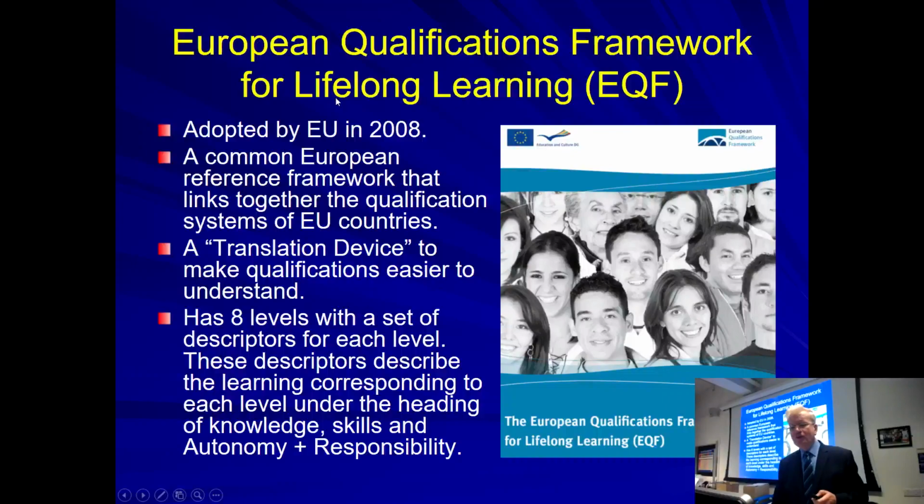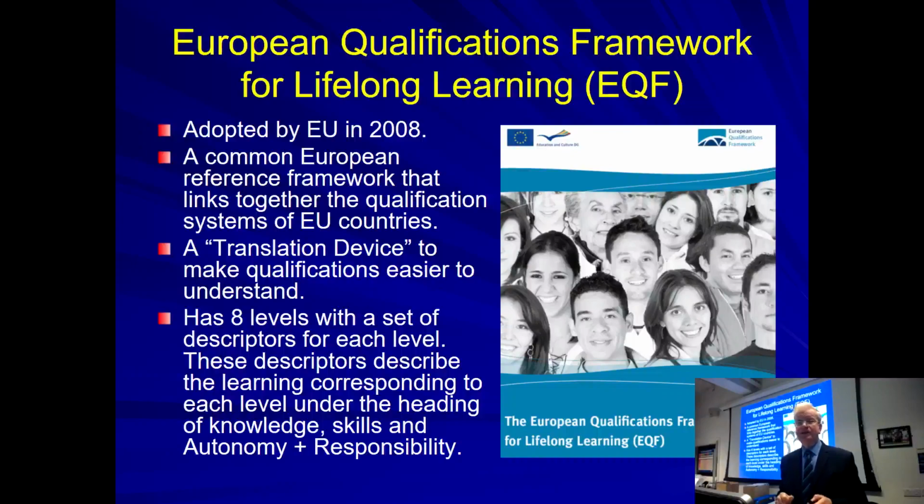So in 2008, the European Qualifications Framework was so impressed by Bologna that they said, right, okay, Bologna only applies to third level, but we're going to produce a framework that will apply to every level from kindergarten up to PhD. And that's exactly what they did. And generally, they did a very good job on it.